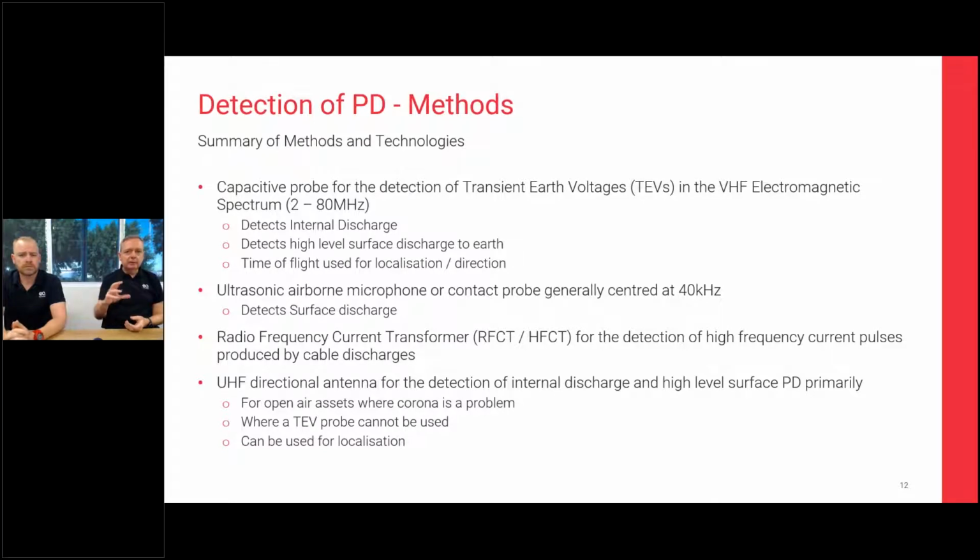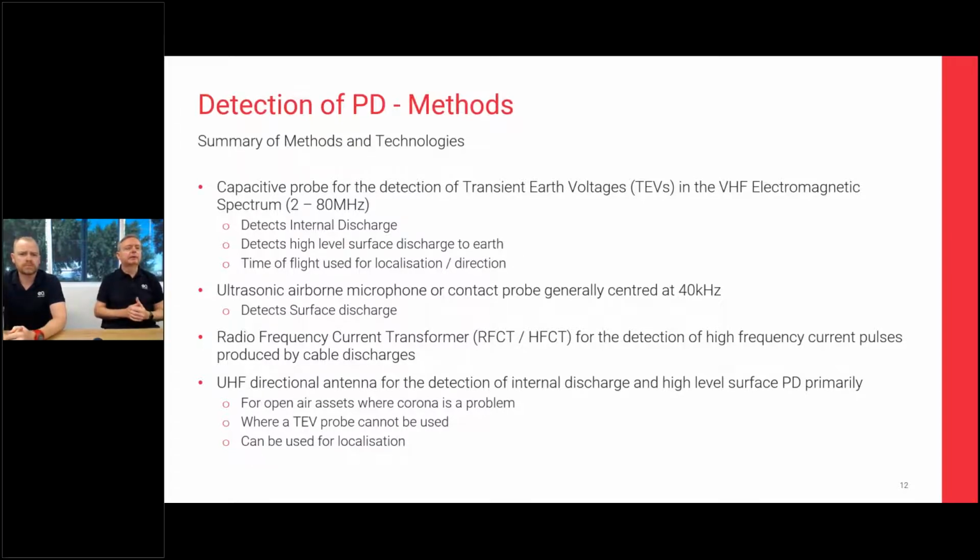The UHF technique is the final technique that we use for detecting PD. Often that's used on high voltage open terminal type switchgear, or where you can't use TEV. A potential use in this instance is for testing cable joints inside pits, where you don't want to go into the pit first and you don't want to be touching the TEV probe against the joint, or where you want to do a PD test from a bit of a distance.